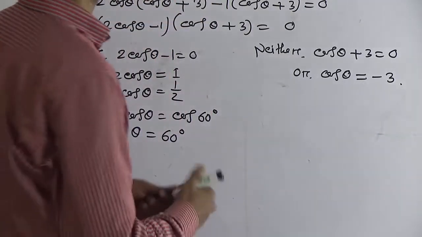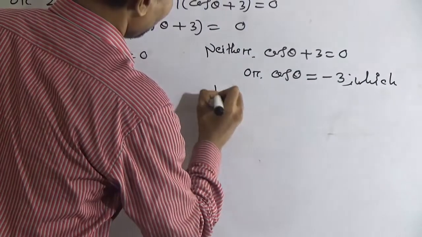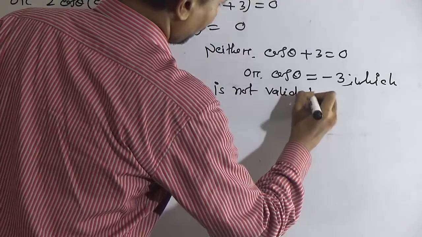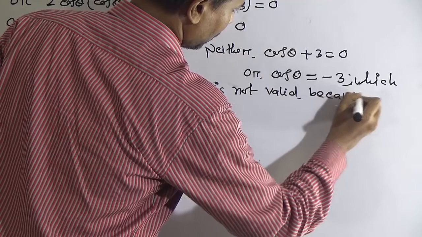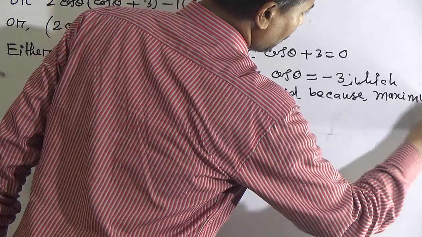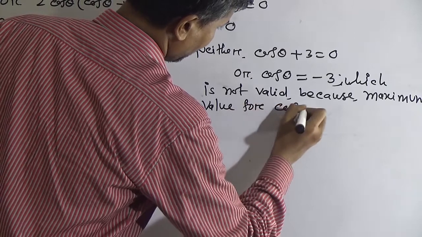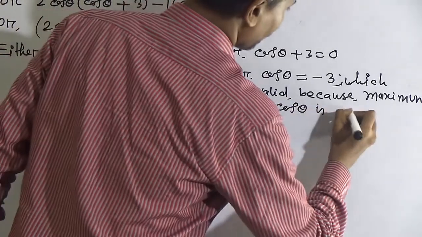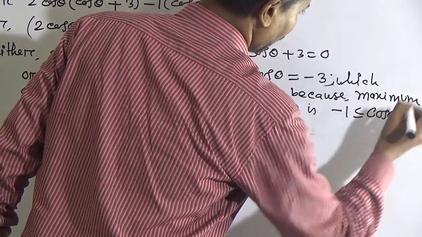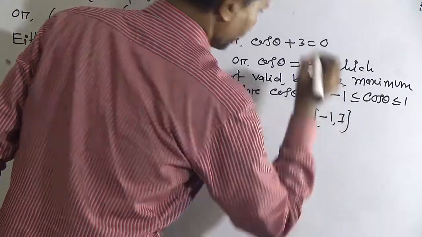Now write, which is not valid because the range for cos theta is minus 1 less than or equal to cos theta less than or equal to 1. In short form, you can write minus 1 to 1.